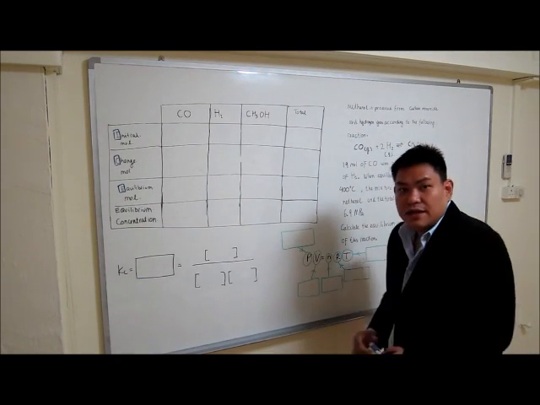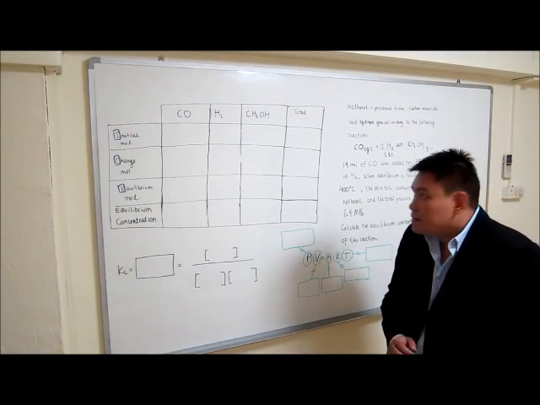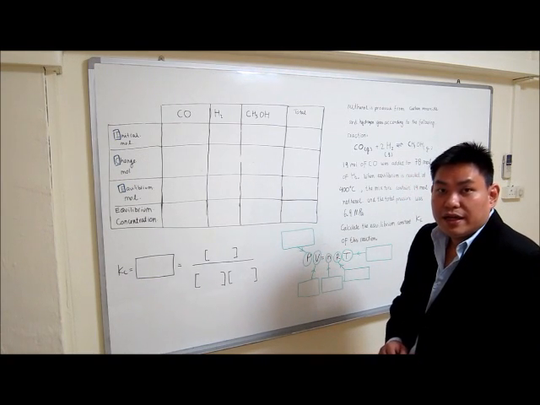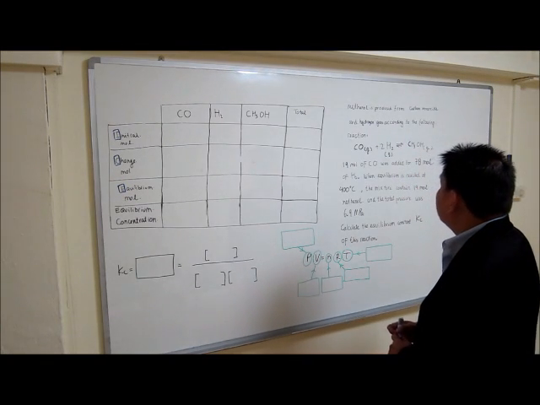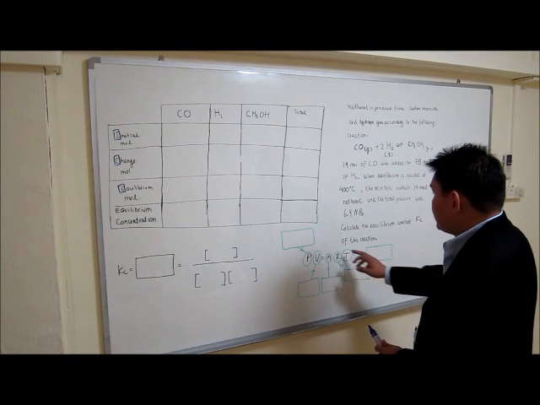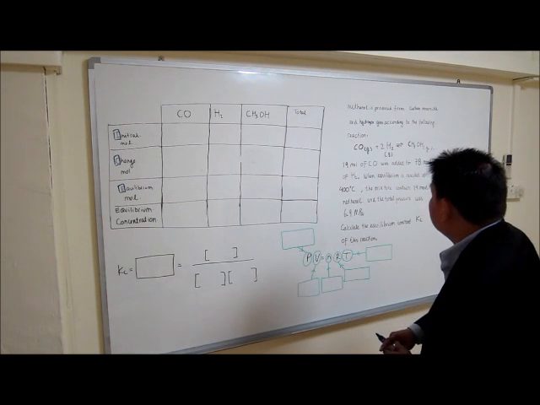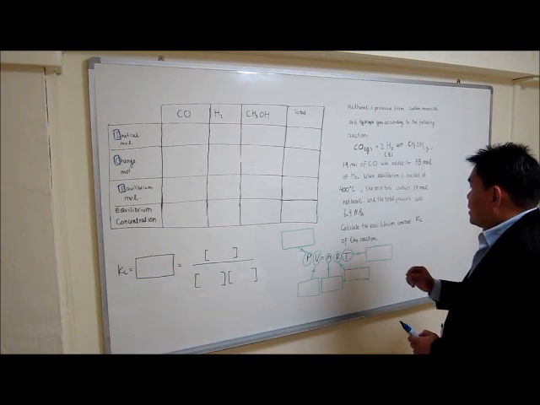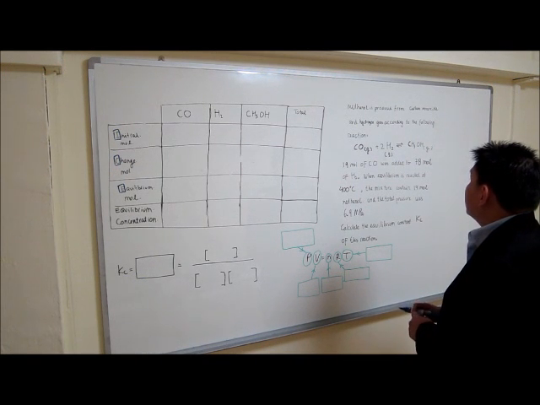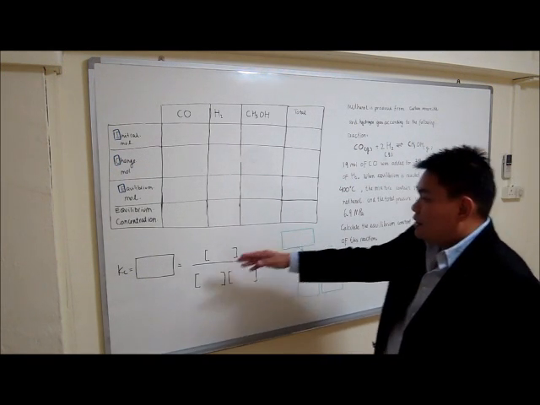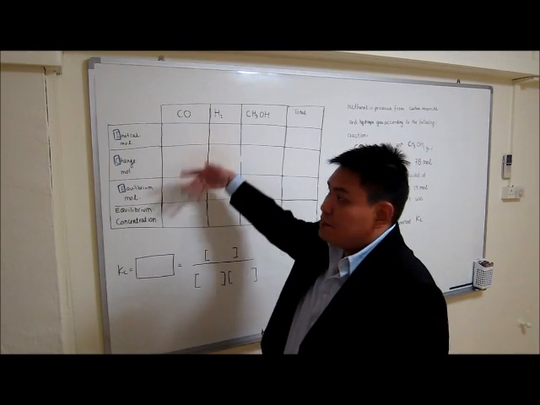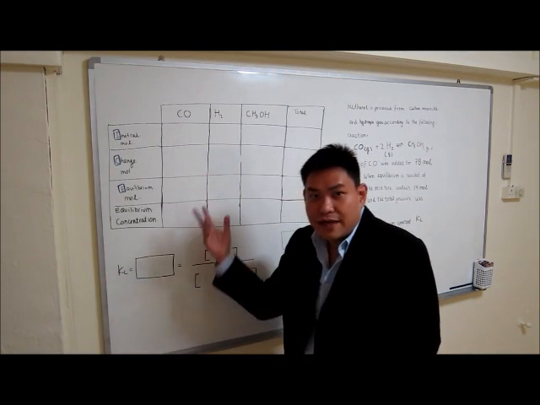So again, we do it in a similar way to calculate Kc. First of all, we make a pattern, the ICE table for the reaction.